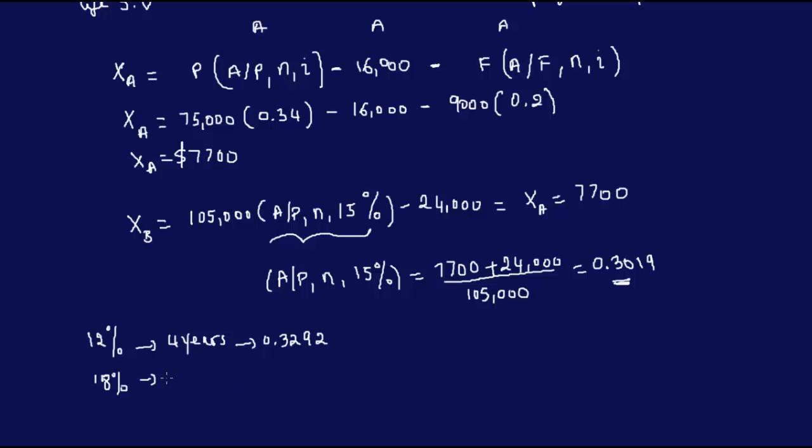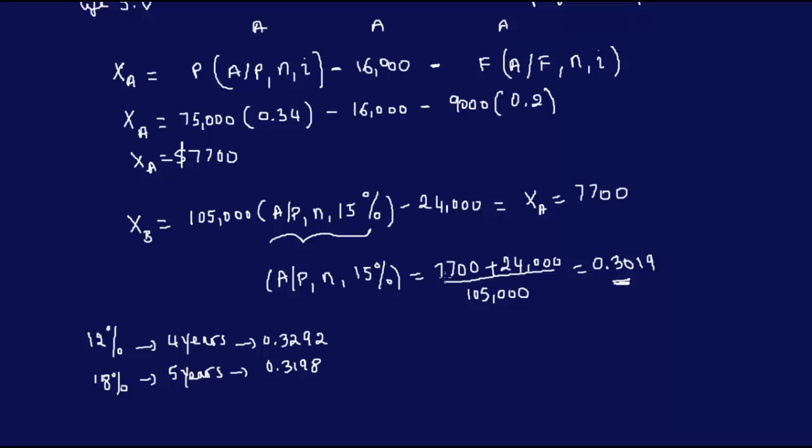So this is at 5 years, 18%, 0.3198. Now if you see here, it's going to be in between these two. Now which one is it closer to? It can't be more than 5 years, well, it's got to be between 4 and 5. So it's either closer to 4 years or closer to 5.